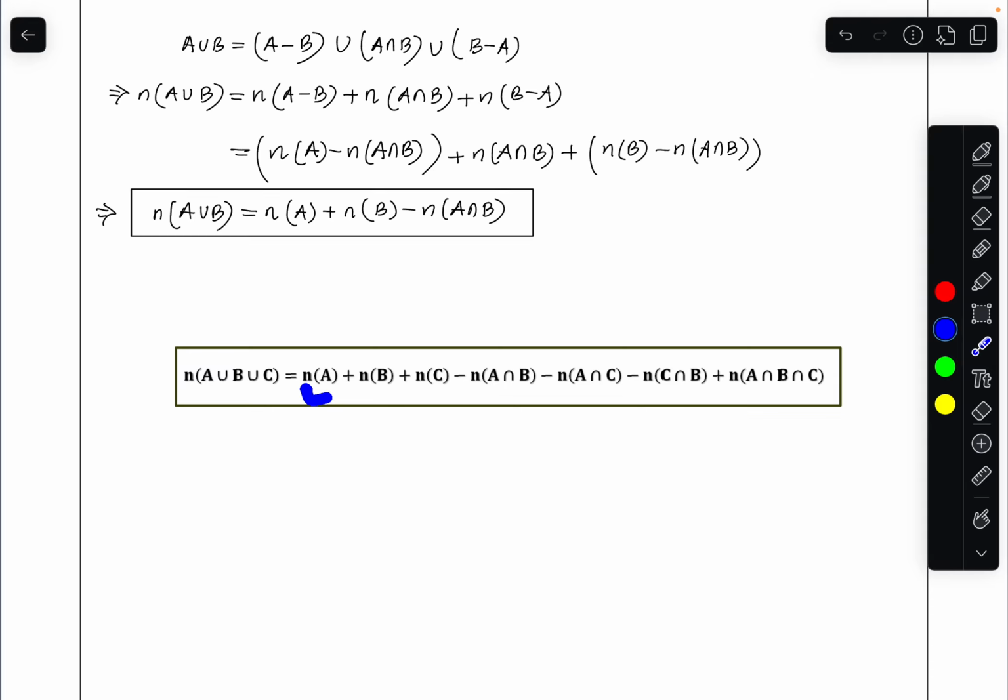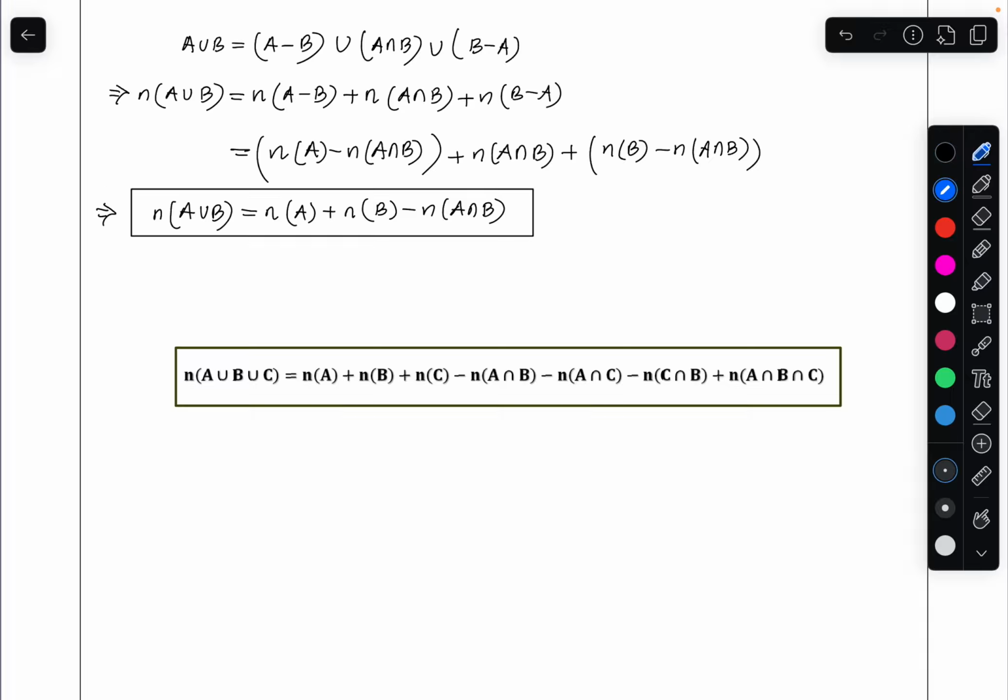Number of elements in A plus number of elements in B plus number of elements in C, minus number of elements in A intersection B, A intersection C, B intersection C, lastly, plus number of elements in A intersection B intersection C. Now this result, I'll prove it using the distributive property we talked about when we were talking about operations on sets.